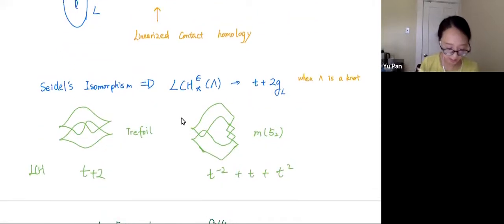There are certainly Legendrian knots whose LCH is in this form, like the trefoil, right? The LCH is t plus 2, and it does have a genus 1 filling. But more knots just don't look like this. For example, the mirror 5_2, the LCH polynomial looks far away from the form we would like it to be. Therefore, not all the augmentations come from embedded fillings.